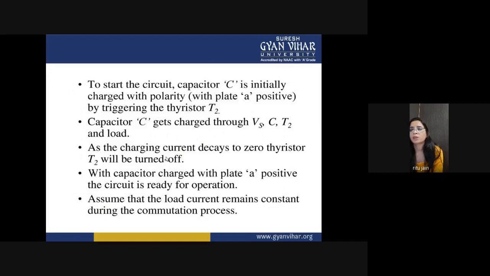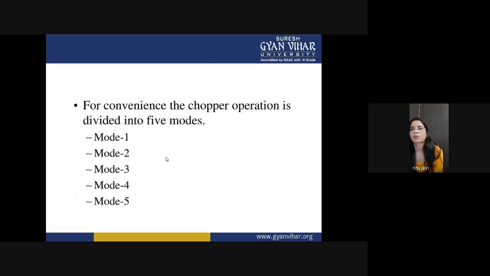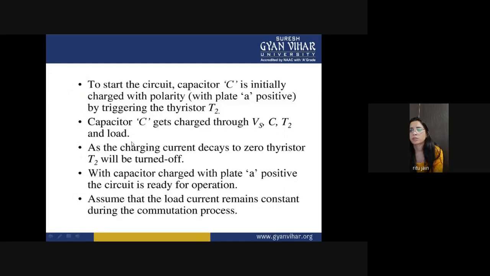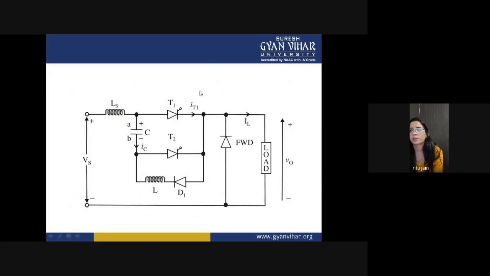So we assume that the load current remains constant during the commutation process. Now, for convenience, the chopper operation is divided into 5 modes: mode 1, mode 2, mode 3, mode 4, and mode 5.